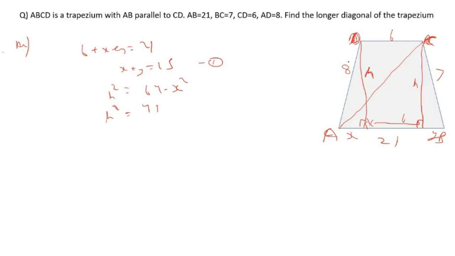So both are h square, so 64 minus x square is equal to 49 minus y square. So x square minus y square equals 15. And we know that x plus y is also equal to 15.